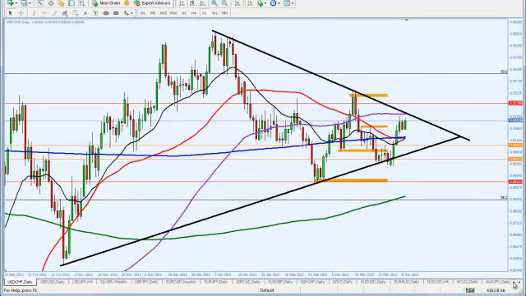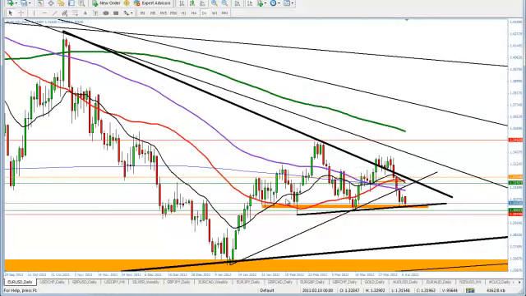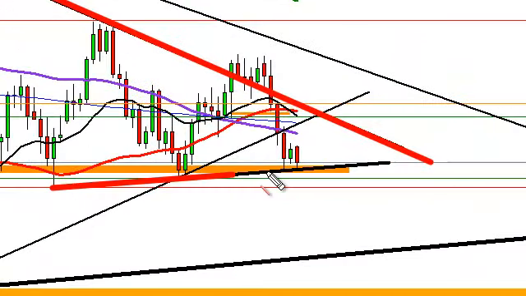Okay, we will start today with the euro dollar. As we see, the euro dollar is in a downtrend, the downtrend line is clear, and the price is moving in a kind of symmetrical triangle.